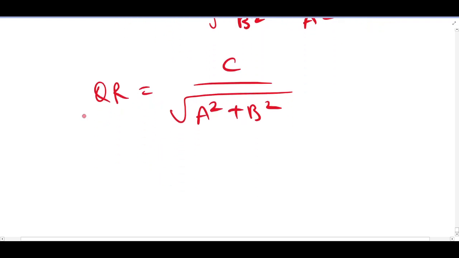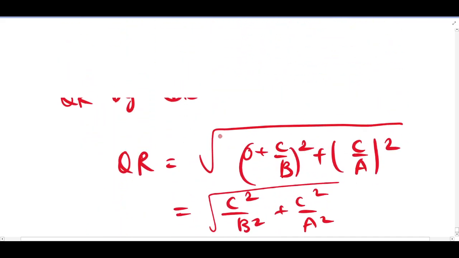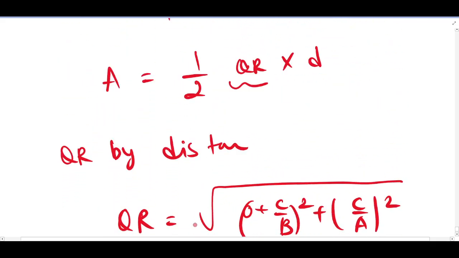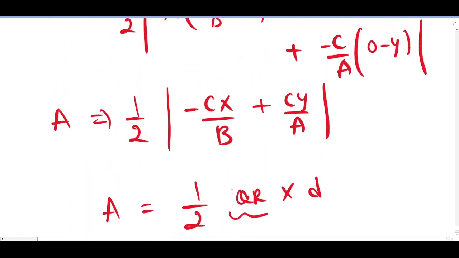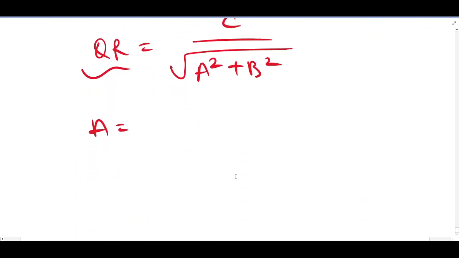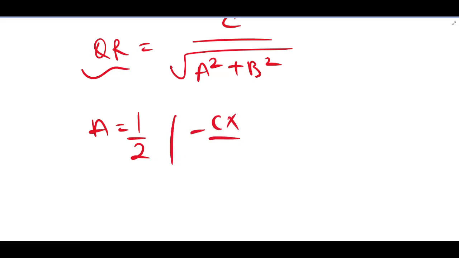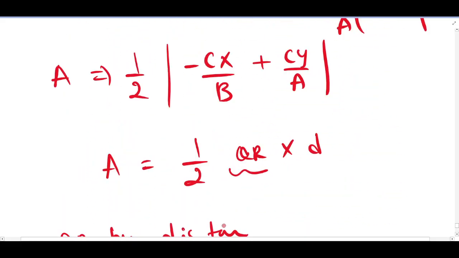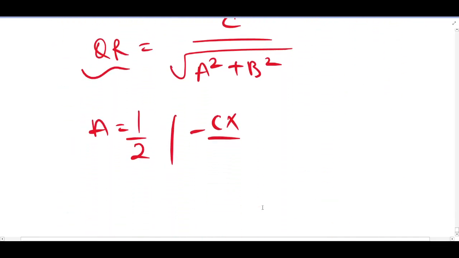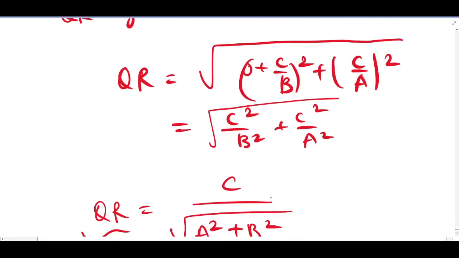So now we have the distance QR and the area of a triangle as half into minus cx by b plus cy by a.